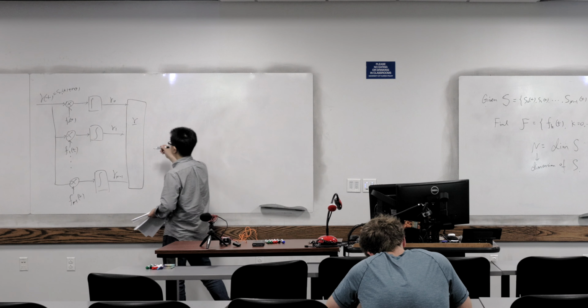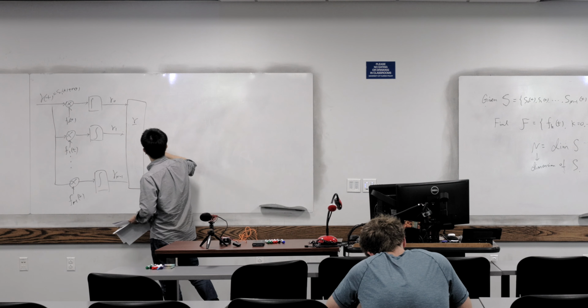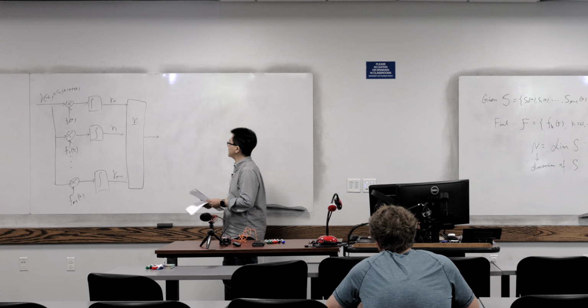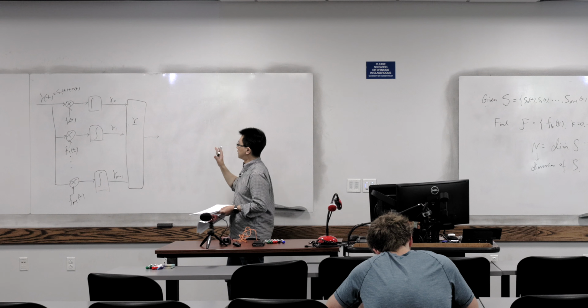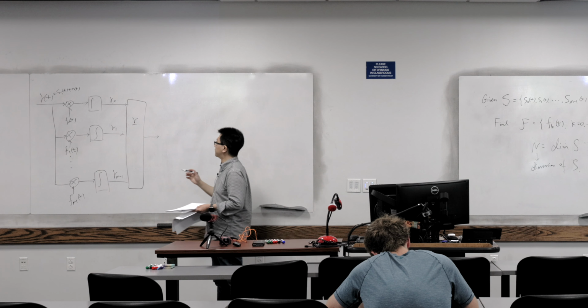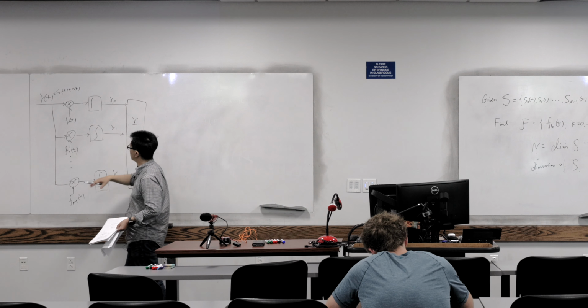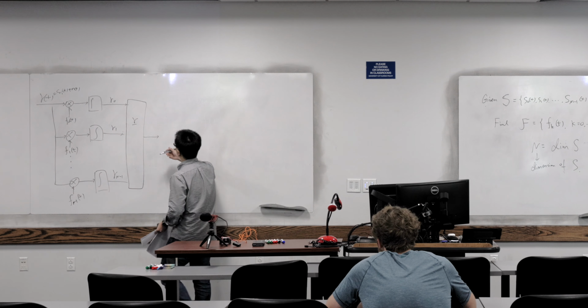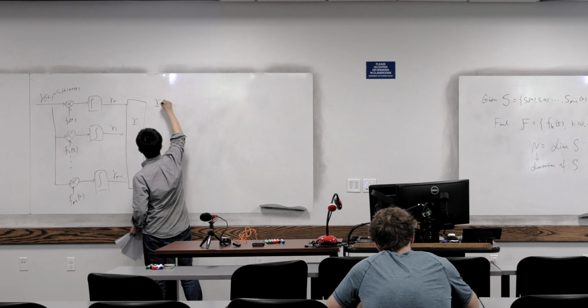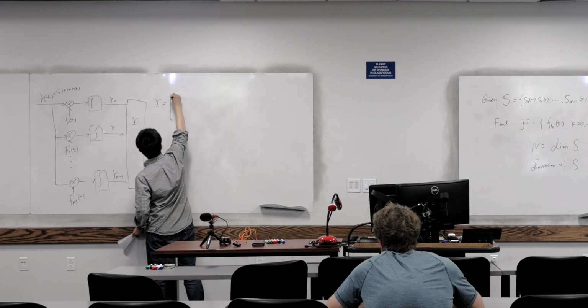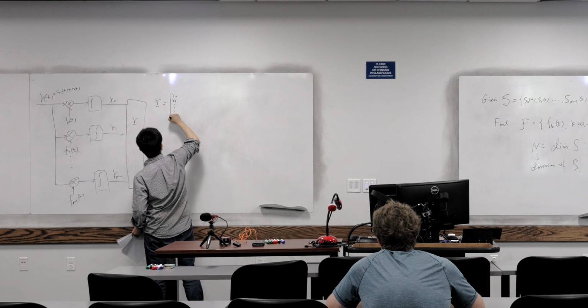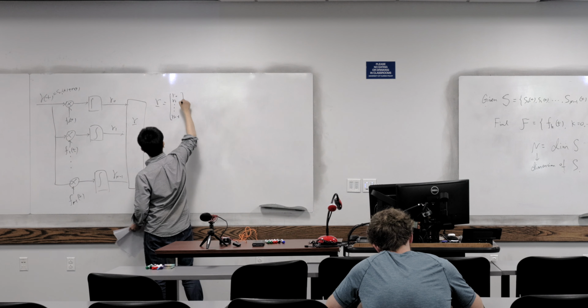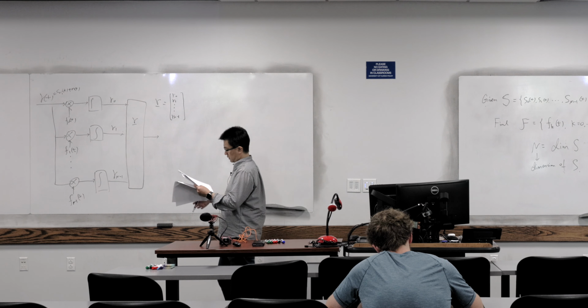Then we're going to make our decision rule. So this is the receiver structure. Before, when we talked about the antipodal case, we just had one of those, but now we have multiple. This vector explicitly equals R0, R1, up to R n minus 1. Very nice.